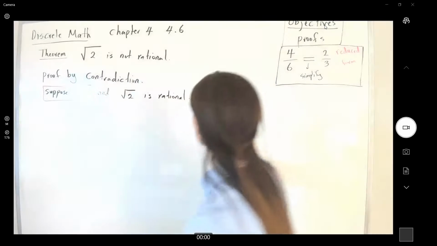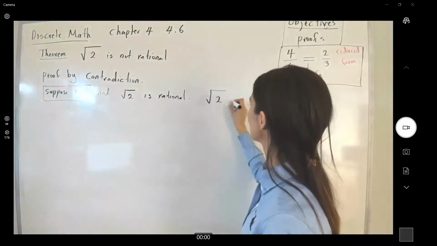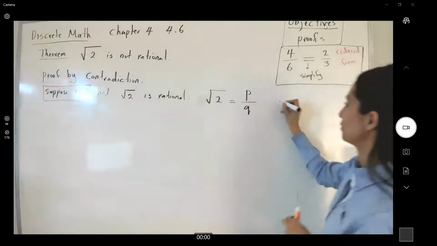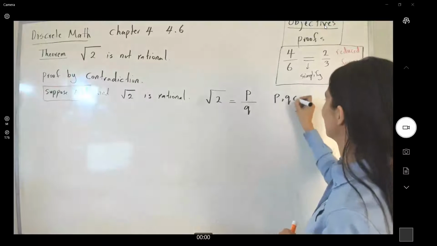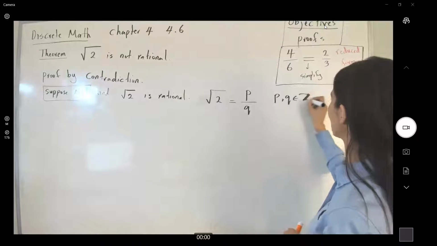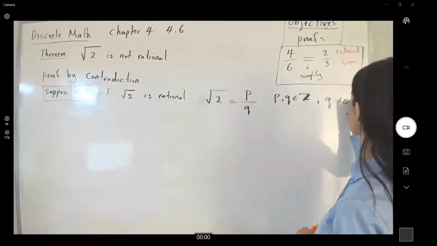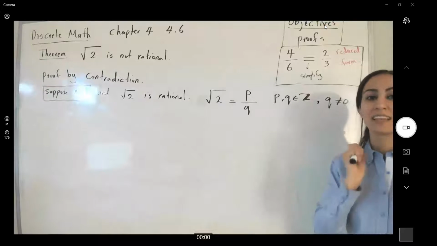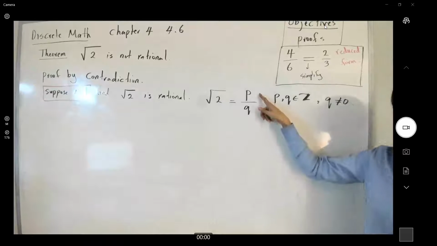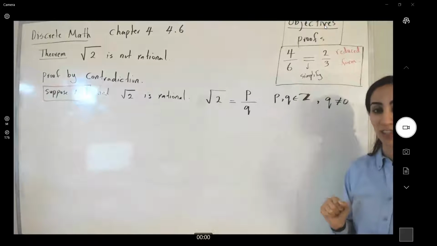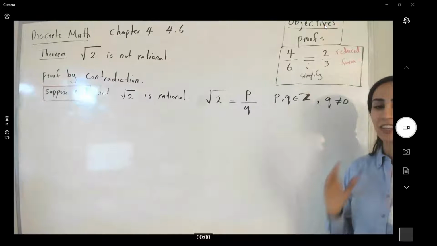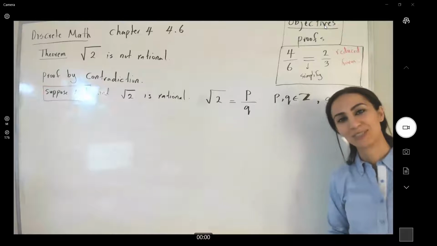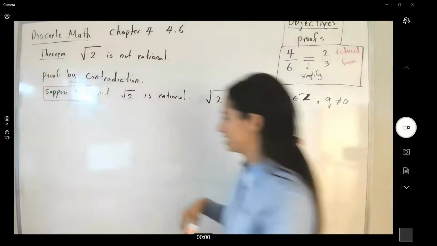It means that the square root of 2 can be written as P divided by Q, where P and Q are integers, and the denominator is never 0. We also add this assumption that we reduced this fraction. This assumption helps us to reach a contradiction.